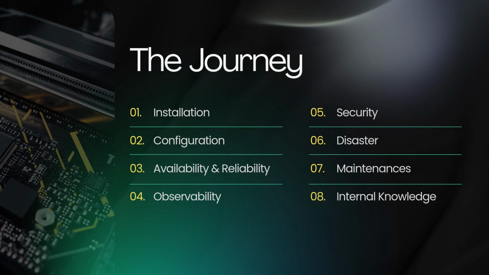And the sixth step is the disaster, meaning the disaster recovery plan, of course, with some details in it. The seventh step is maintenance, not only one, but multiple maintenances, because we need to understand how to maintain a tool.